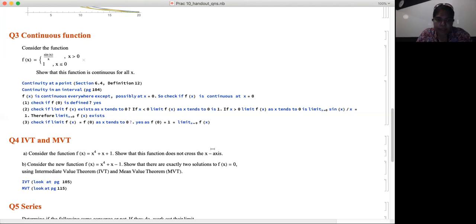How would you show that the function x to the power 4 plus x plus 1 does not cross the x-axis? Any ideas?